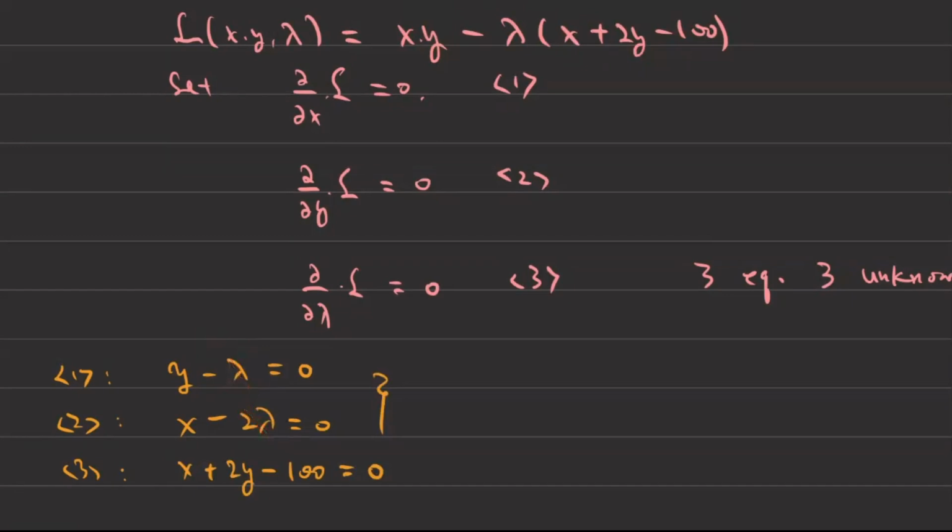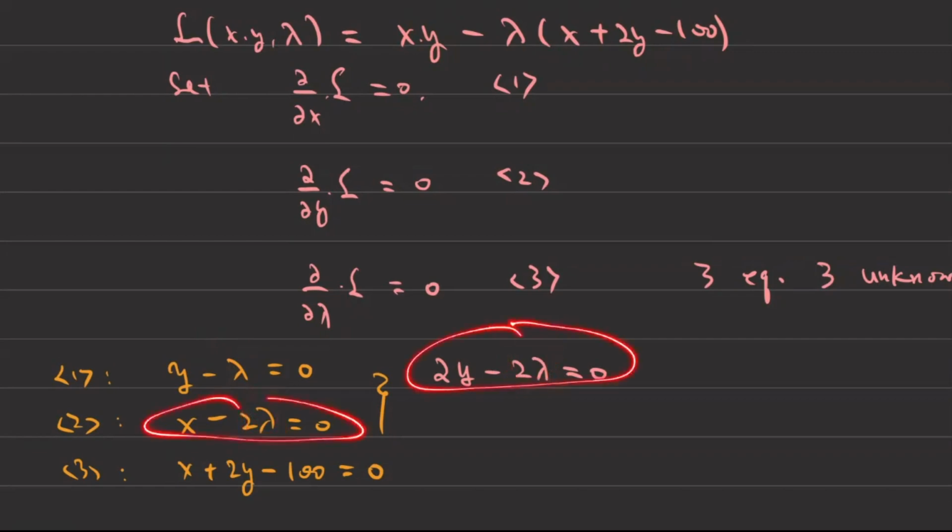So let's try that. We're going to multiply the first equation by 2, so that becomes 2y minus 2 lambda equal to 0. Now, this 2 lambda is exactly the same as the 2 lambda in the second equation. So we're going to take this pink equation and subtract this yellow equation, which is the second equation, to get rid of the 2 lambda.